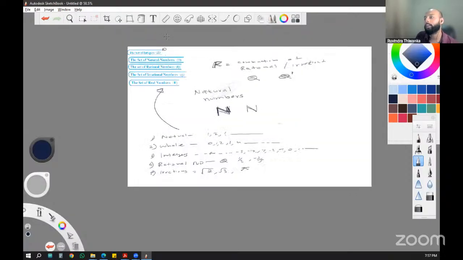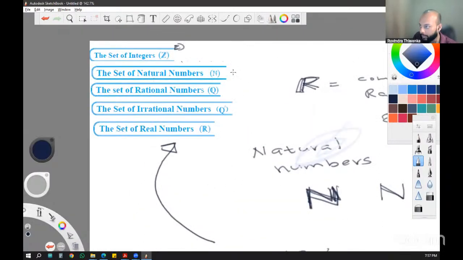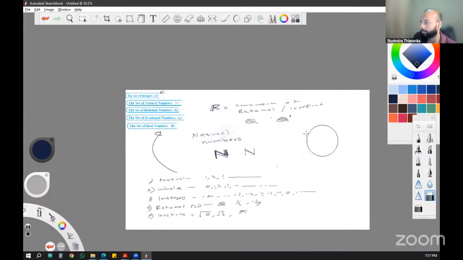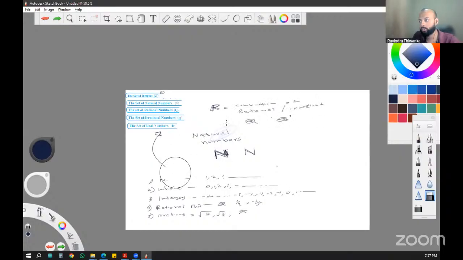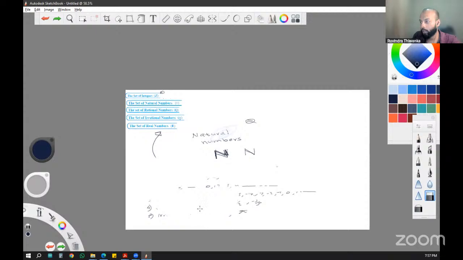So far you have learned about integers, the set of natural numbers, the set of rational numbers, irrational numbers, and real numbers. Now we can put this into one diagram.